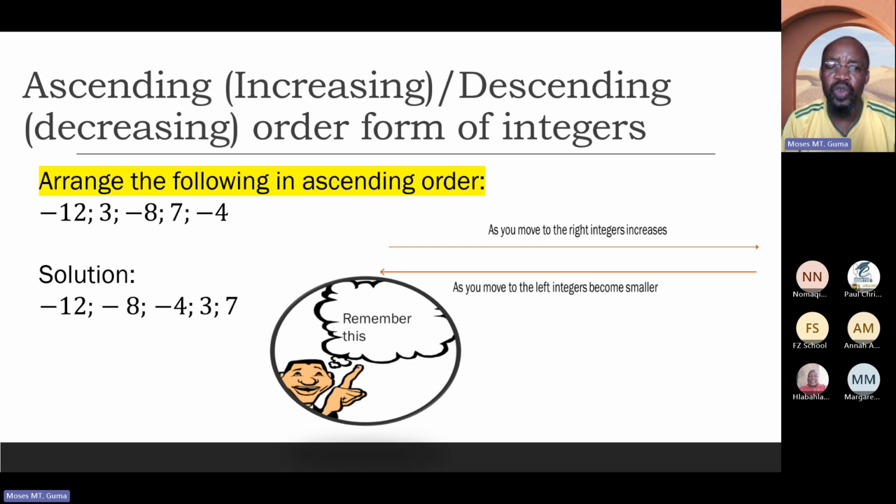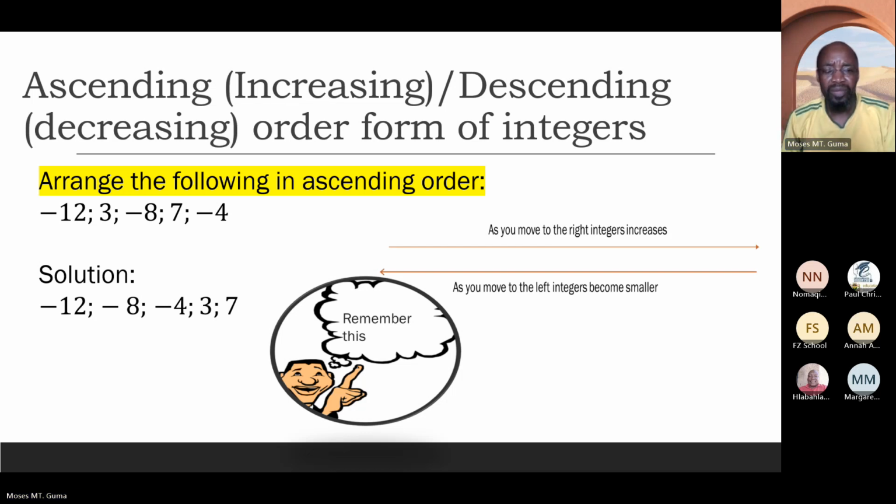Yes, I told you that as we move from the left to the right of the integers, they increase. But as we move from the right to the left of the integers, they become smaller and smaller. Now, I spoke about that. It will help you. It says, arrange the following in ascending order form. What is ascending order form? Increasing from smallest to biggest.